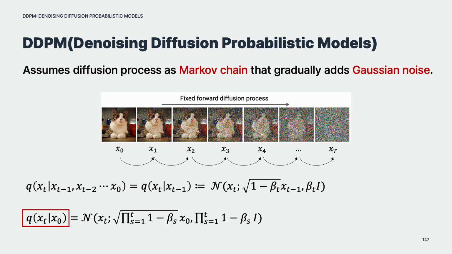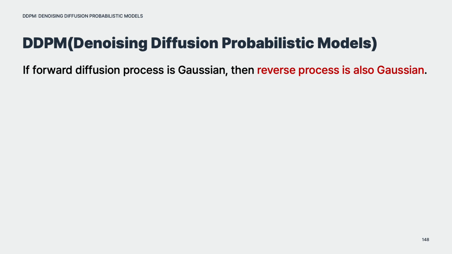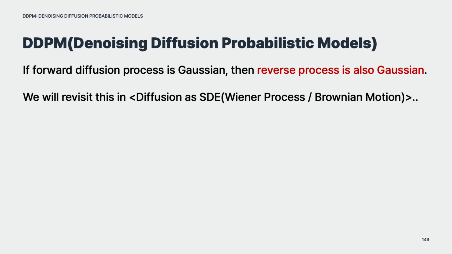We'll explore the details of this formulation in the next session on DDPM. Another important point is that if the forward process is Gaussian, then the reverse process is also Gaussian. We'll revisit this idea in more detail in 2 weeks during the seminar session where we interpret diffusion as stochastic differential equations, SDEs.